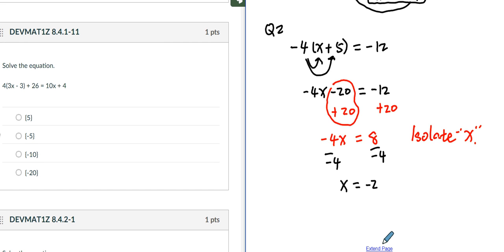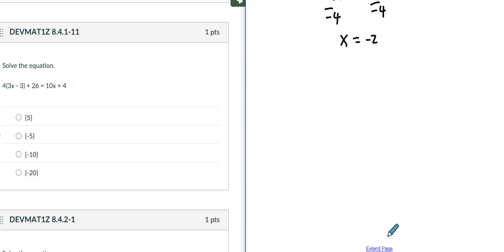Now, two more. Question 3 is all about, again, the distributive property and combining like terms. The strategy is what? Isolate x. Put x on one side, put constants on the other side.